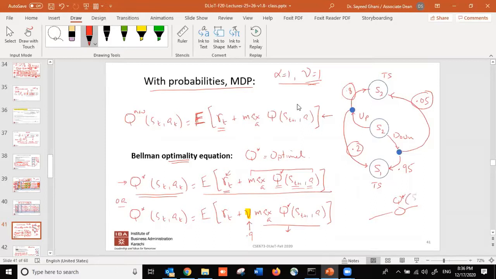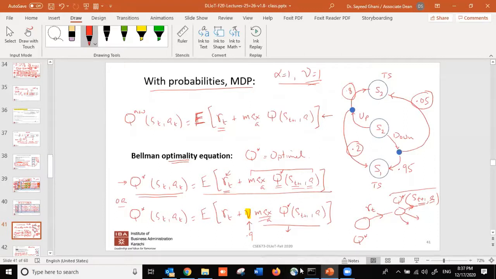So this is the optimal value in the next state, t plus 1, and you take the maximum over all of these actions. Then the optimal value of Q in the current state is simply this value. You can maybe go in different directions over here, and you take the one which is the best. Suppose this is the best, which is the maximum value over all actions, and you simply add the movement cost.